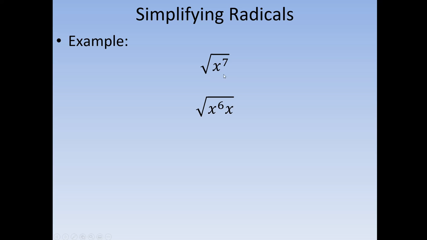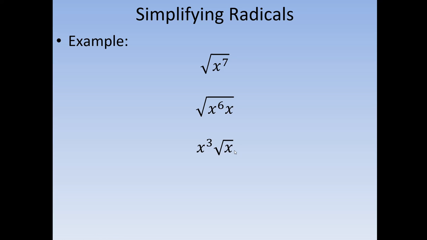So the square root of x to the seventh can be rewritten as the square root of x to the sixth times x. Now we have something we can actually take the square root of. Remember, when it comes to exponents, when we take the square root, we're just halving that number. So x to the sixth becomes x cubed when we pull it out of the radical, and we now have x cubed times radical x.